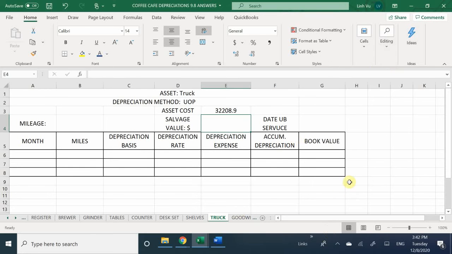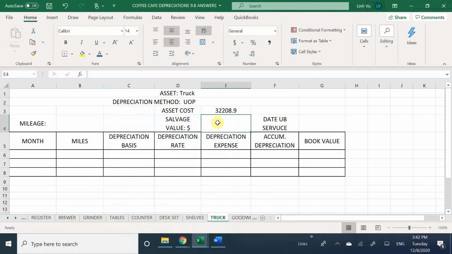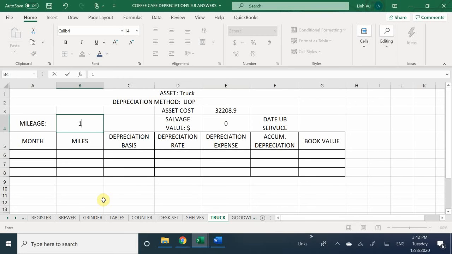Now, do I have a salvage value? Does it say that I have a salvage value? The scenario said no salvage value. Okay, so there you go. How many miles can it go before you need maintenance? 150,000. Good.